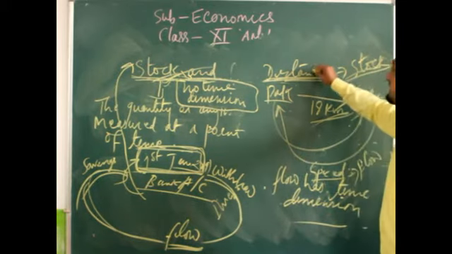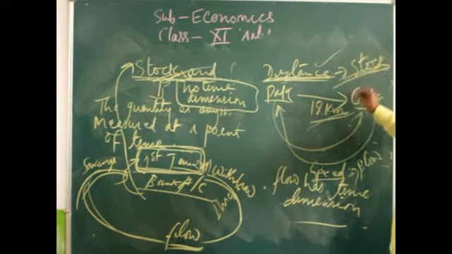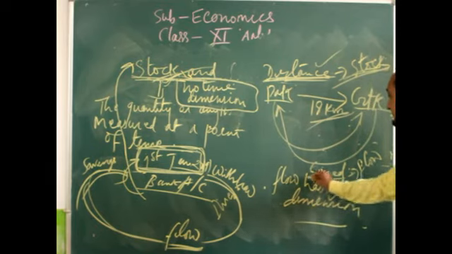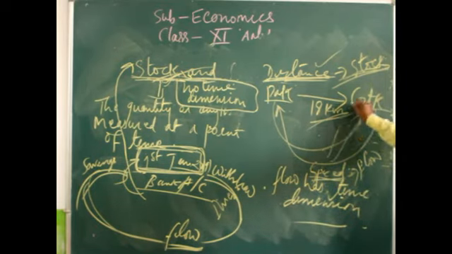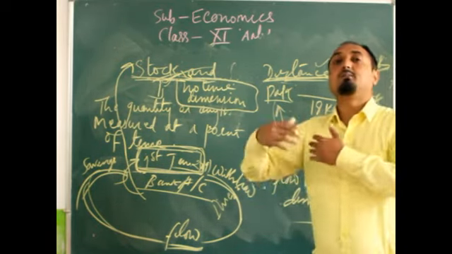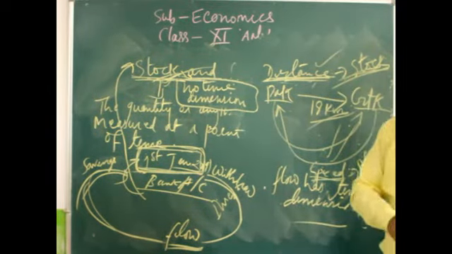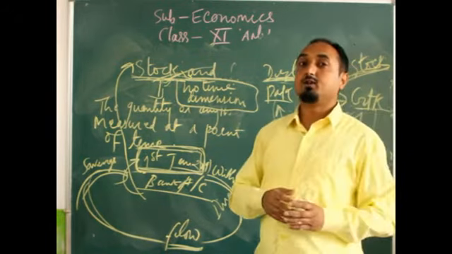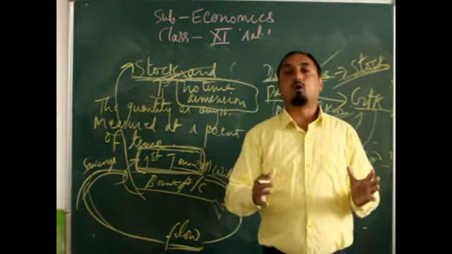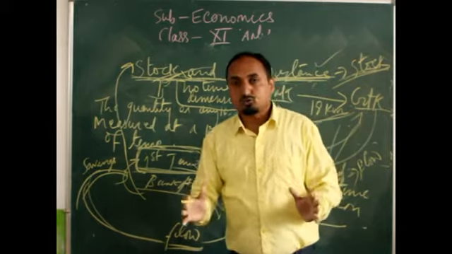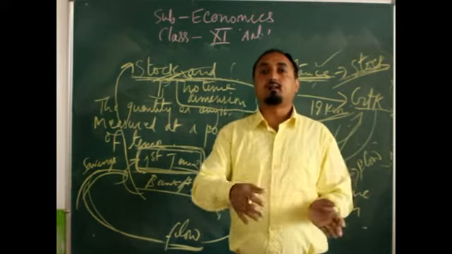Example I have given: distance can be considered a stock variable, whereas speed can be considered a flow variable. Speed can be increased and also decreased over a certain time period, but the distance may remain the same. I have given another example also. Stock, say a bank account, may be measured at the beginning or at the end of the year.